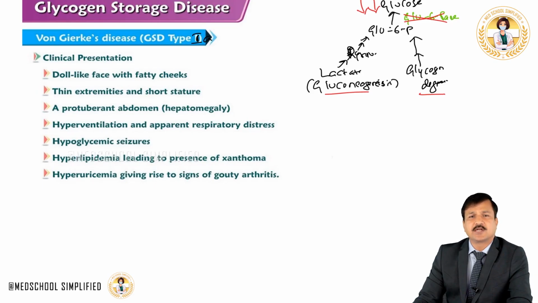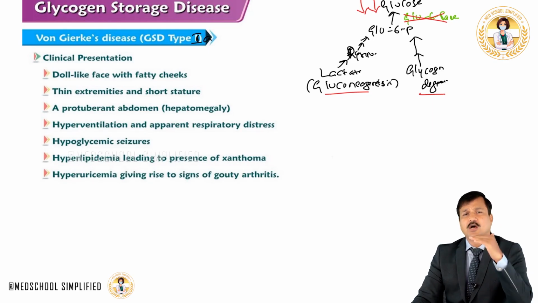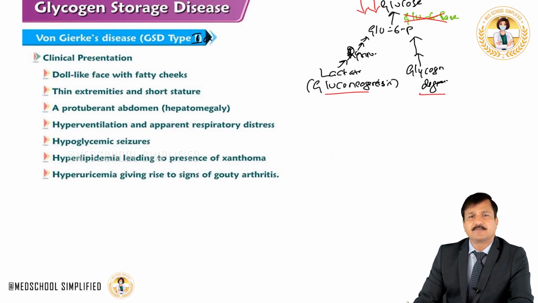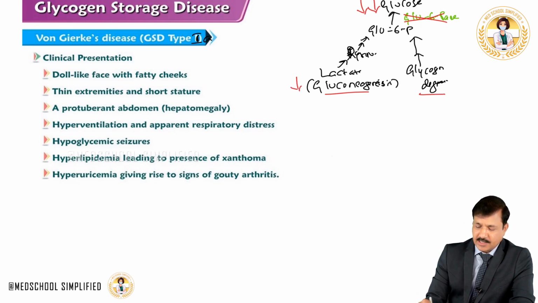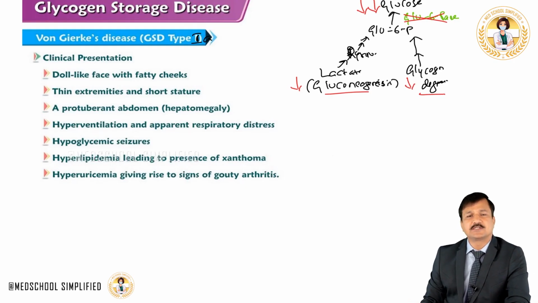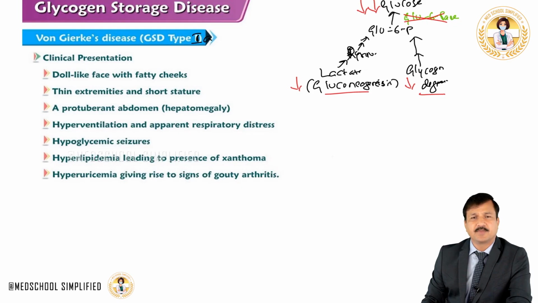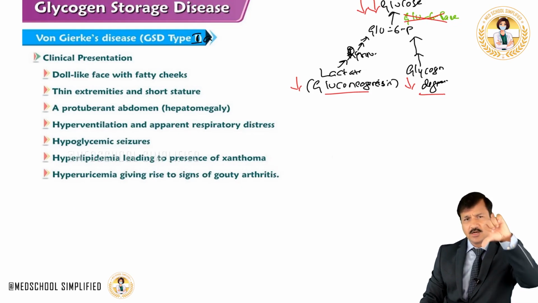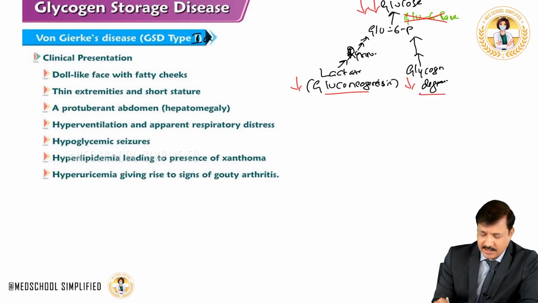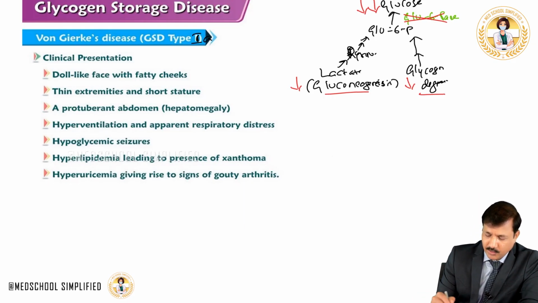These are the pathways that make glucose, especially in the liver, to make sure our blood glucose level is maintained, right? So gluconeogenesis will decrease and glycogen degradation will decrease because the glucose 6-phosphatase enzyme is not working properly, or it is deficient, or it is defective. So overall glucose level decreases, and that leads to hypoglycemia.